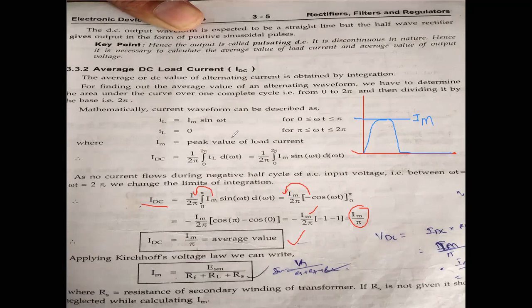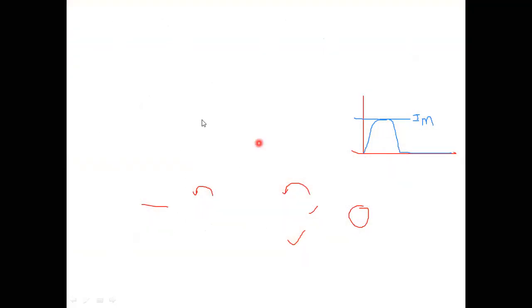I will take another slide. See here, N2 by N1 equals ESM, the maximum value of secondary voltage, by EPM, the maximum value of primary voltage. N2 means the number of turns in the secondary, which is constant for a given transformer.